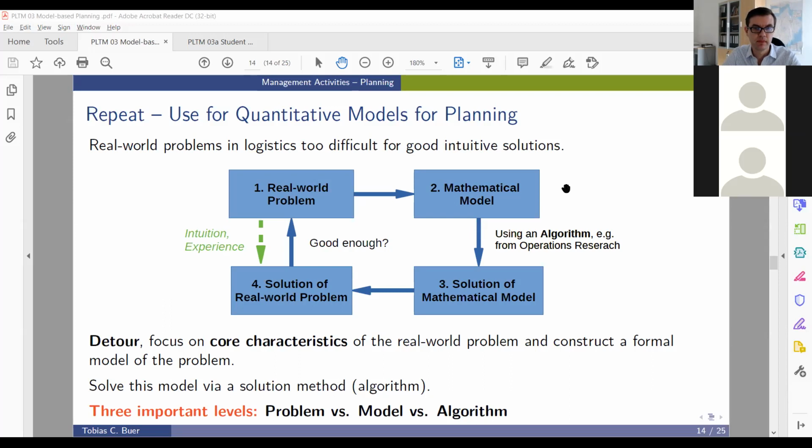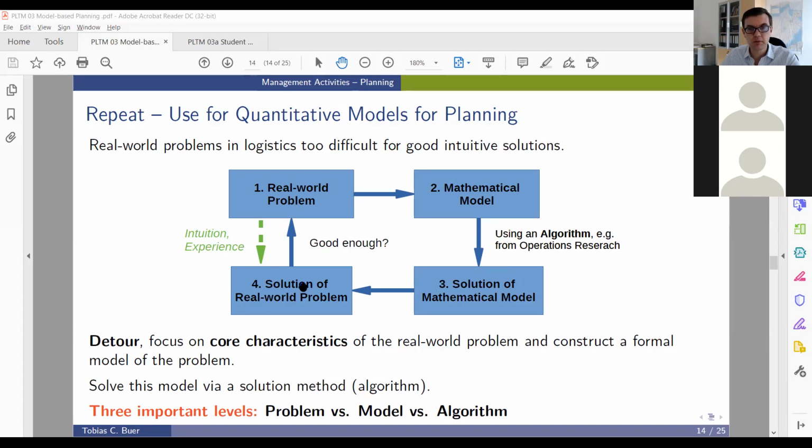We can solve it directly by our experience, or we can do these steps. Yes, exactly. So we can either go from 1 to 4 directly by using our experience, or we can take this detour trying to set up a mathematical model and using a solution approach for this mathematical model.